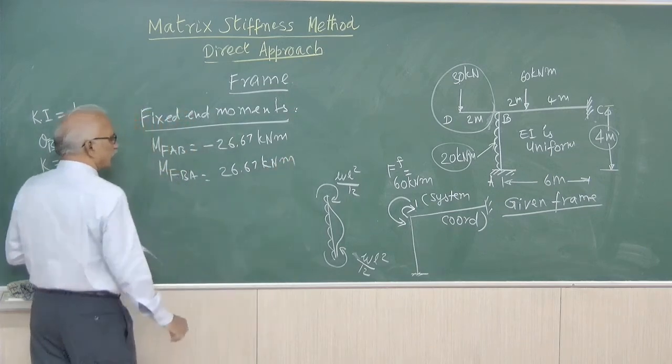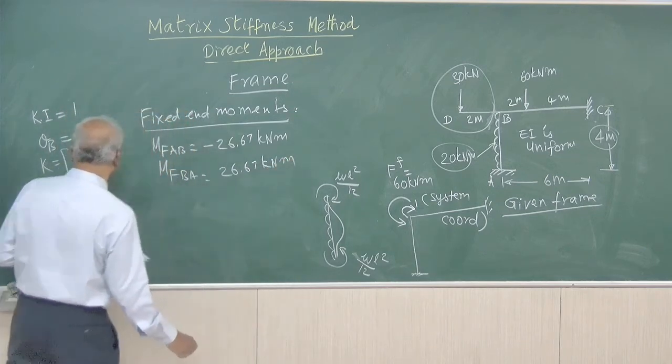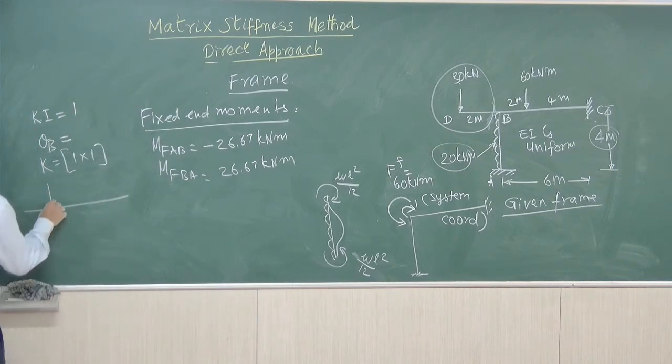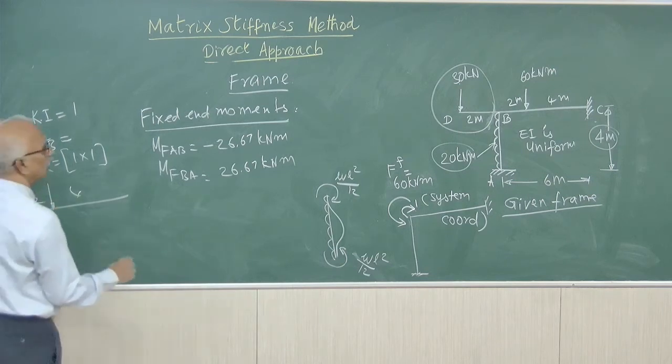Right. Now the span BC is subjected to a non-central load. Non-central load, here it is 2 meters, 4 meters, the loading is 60.